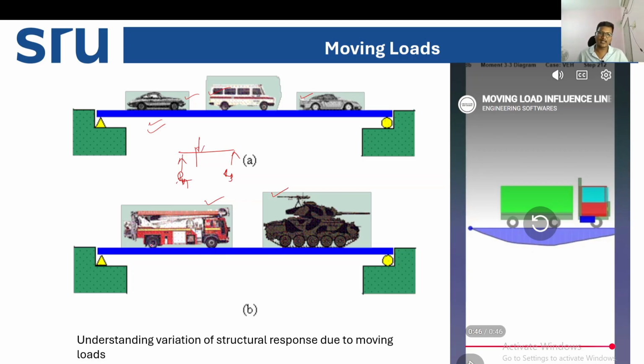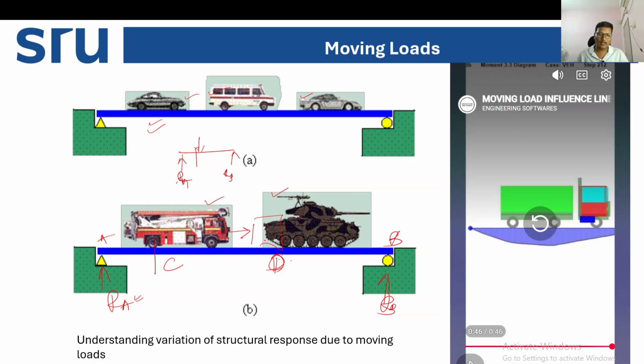So let's say earlier the load was here at point C, this is end A and this is end B. Because of the load at point C, there will be a reaction at A and another reaction at B. Now, after some time, this load is shifted to this particular point D, let's say.